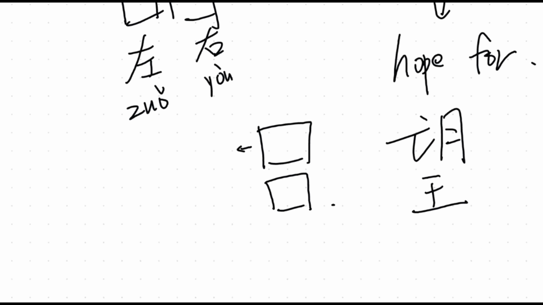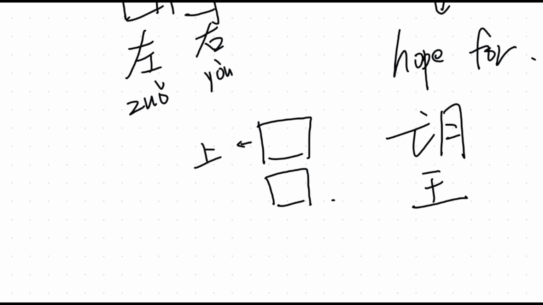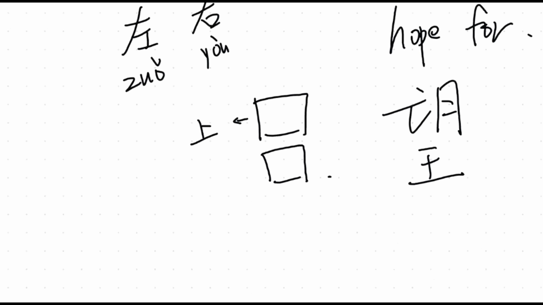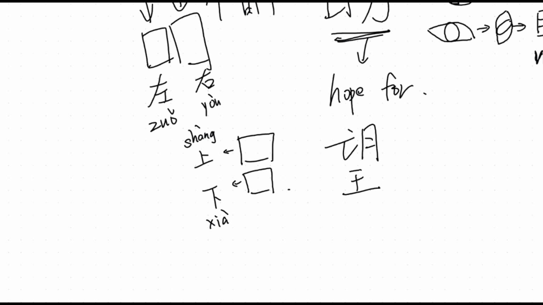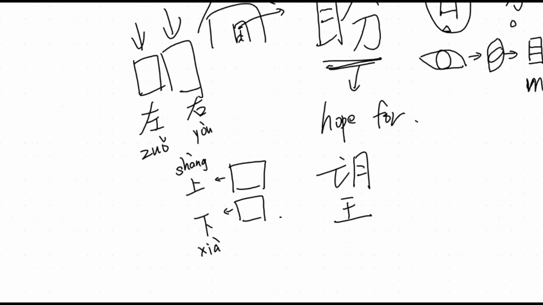On the above, 上, at the bottom is 下. These are two really commonly seen structures for characters.